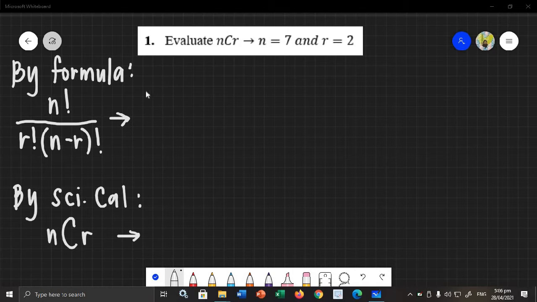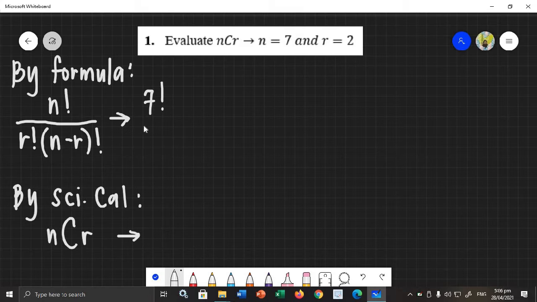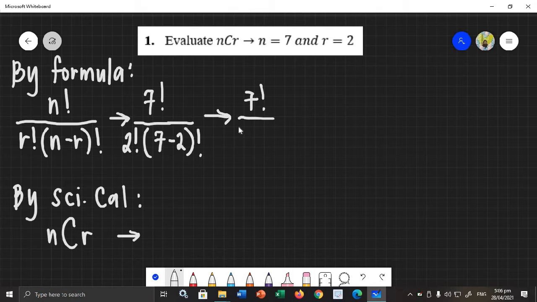So, our N is 7. We have 7 factorial all over R, which is 2. So, we have 2 factorial times quantity 7 minus 2 factorial. Okay? And then we have 7 factorial all over 2 factorial times 7 minus 2, which is 5 factorial.